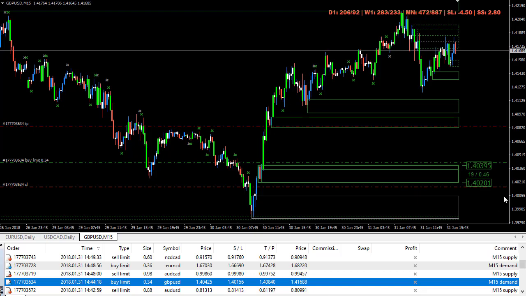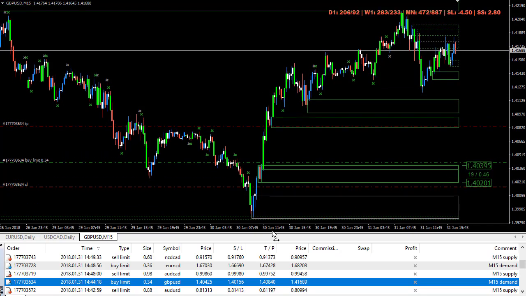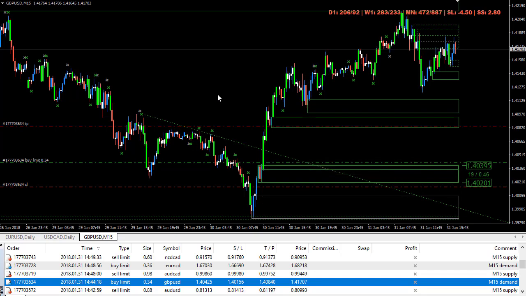Formed this low. We tested something down here, a really tiny area of demand. We left, accumulated, left. And so we had this. This one broke this one, and this one also managed to consume all this stuff here.